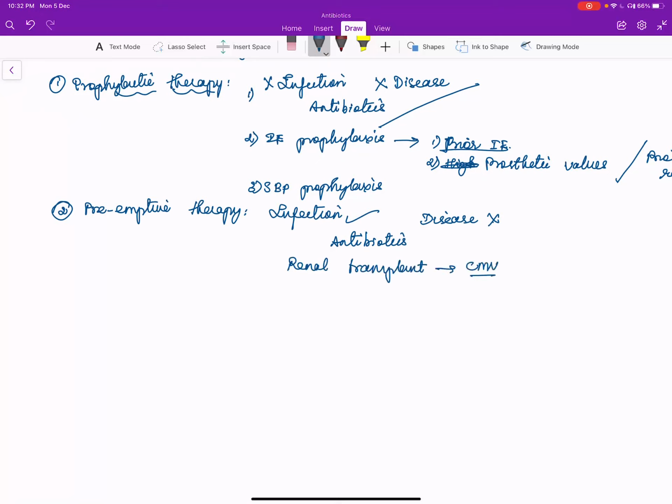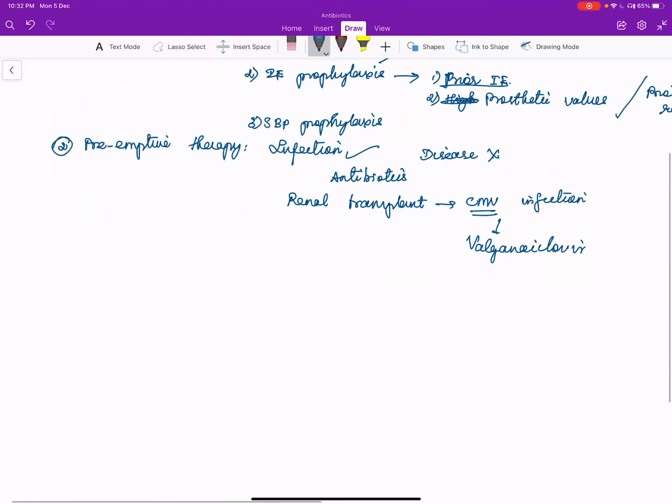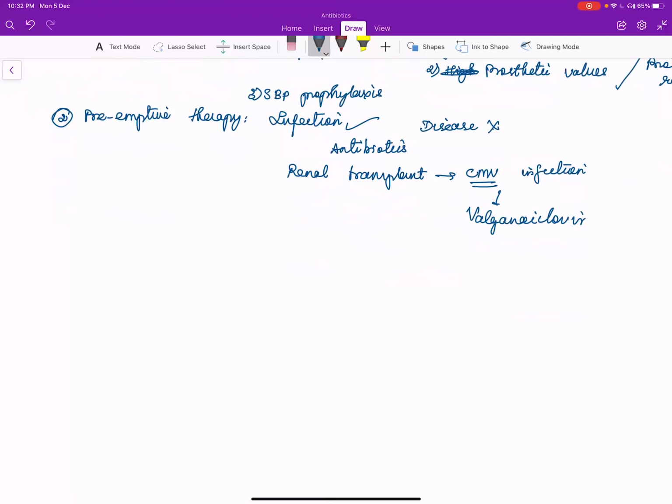If they develop CMV infection, even without clinical manifestations of the disease, we are supposed to give valganciclovir. I think the dose is 900 BD. This is preemptive. The patient has infection, he does not have the disease, but since it can develop into a disease, we give therapy. This is not prophylactic therapy, please remember. Prophylaxis is when he does not have the infection at all.